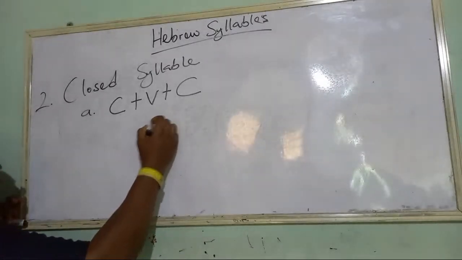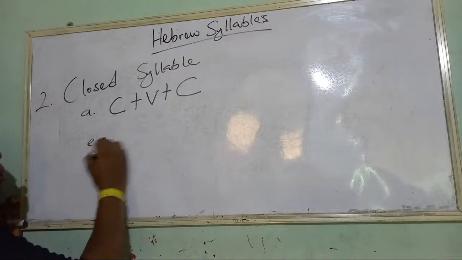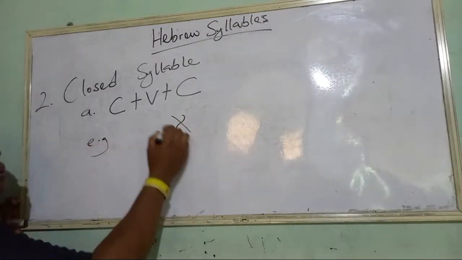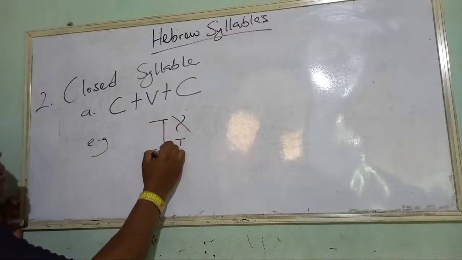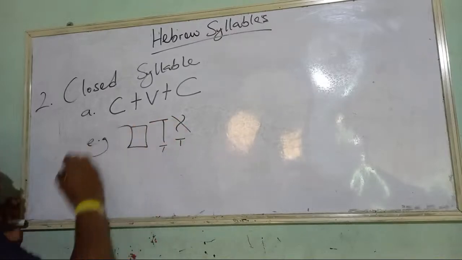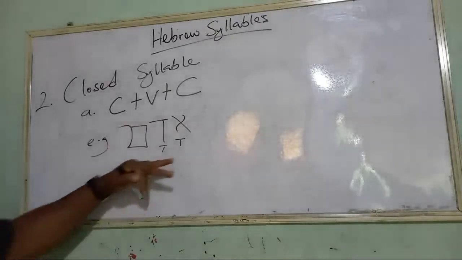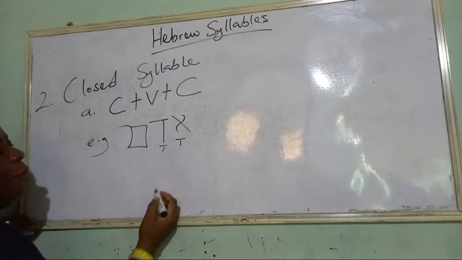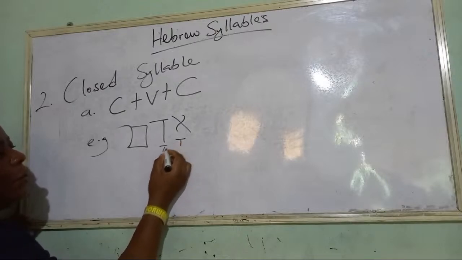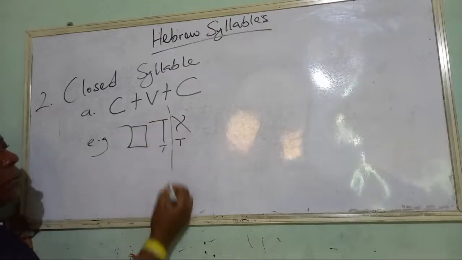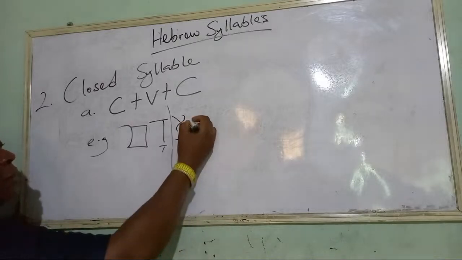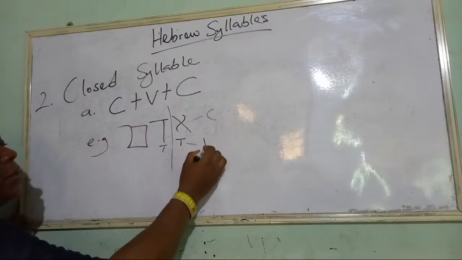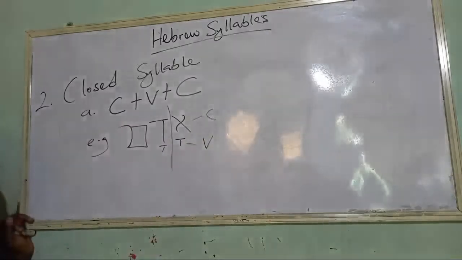Example. The first word we use is Adam. How many syllables do we have in this word? It is determined by the number of the full vowels. We have 2 full vowels, so we have 2 syllables. The first one we've established is an open syllable.